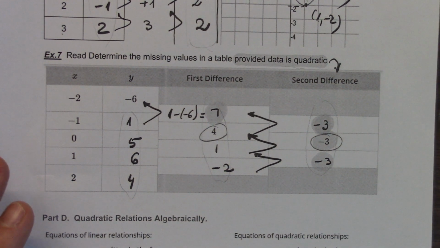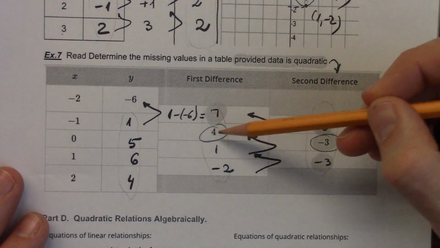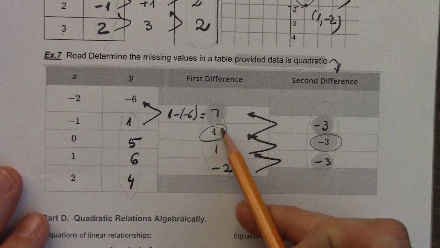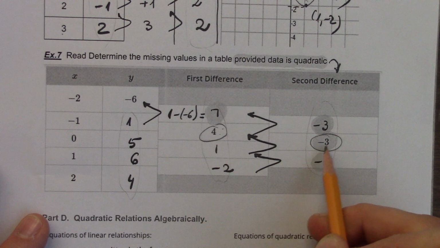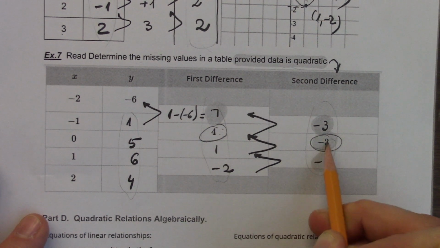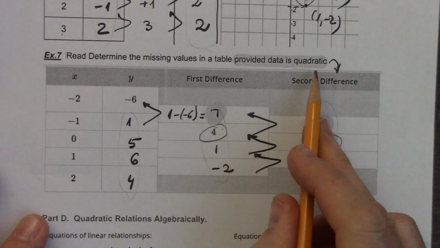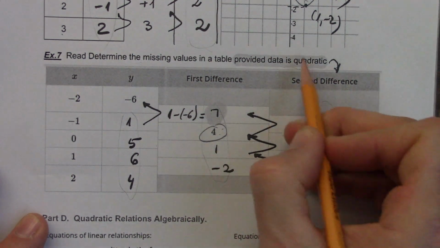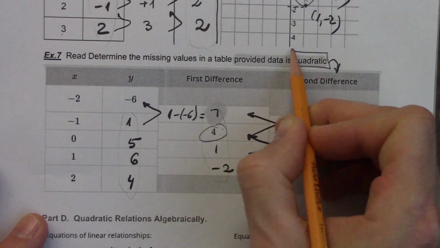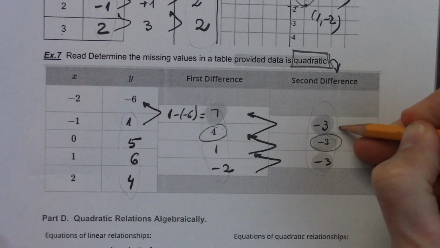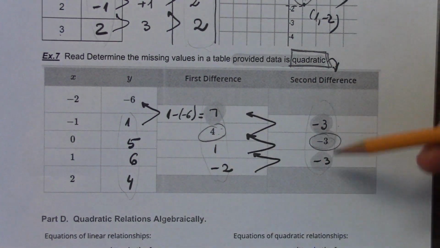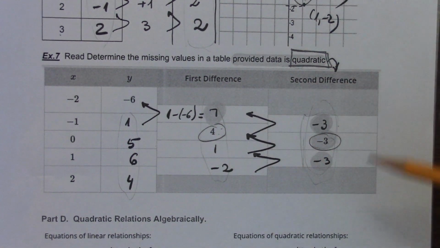All right. So if we have this 4, we need to determine if we know the second differences are going to be the same, right? Because it's telling us the data is quadratic. So the big giveaway here, where you can start, is, I know this is going to look weird because I already have it populated, but you have to start here with the second differences.